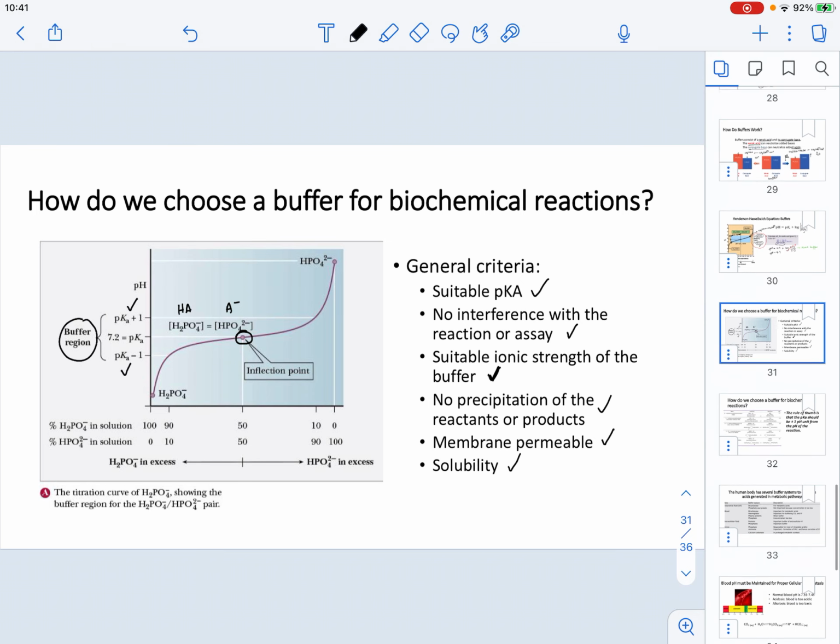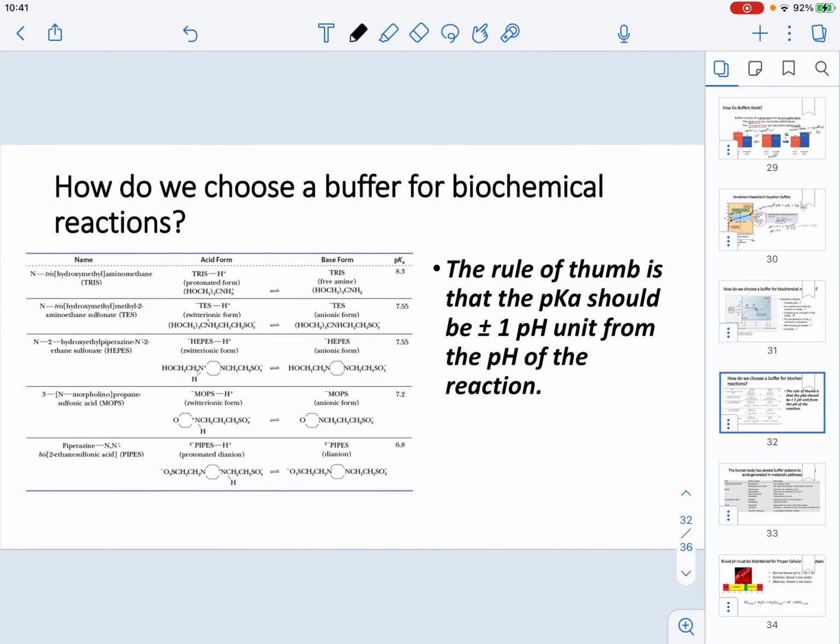Now, how do we choose a buffer for biochemical reactions? Understand that there's a rule of thumb: when you are looking at a buffer system, because all your buffer systems are given by a pKa unit, you need to select the buffer whose pKa is about 1 more or 1 less unit from the pH of the reaction.